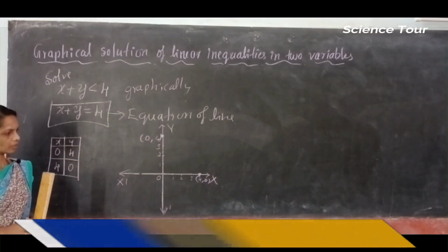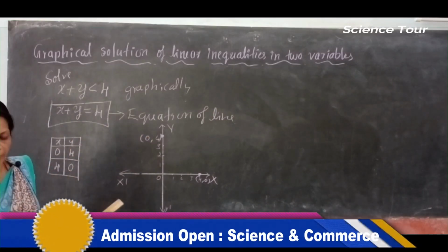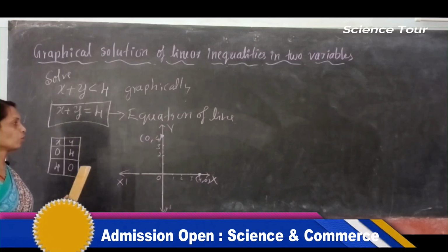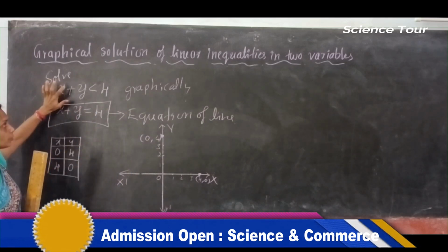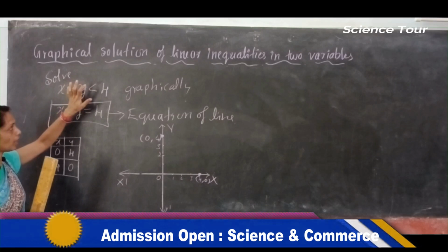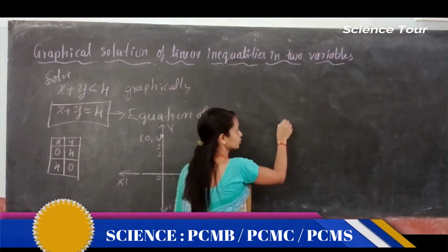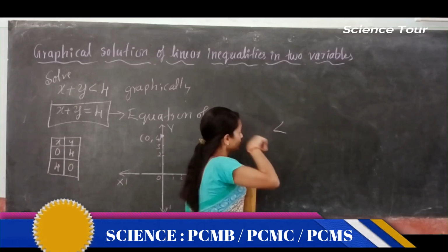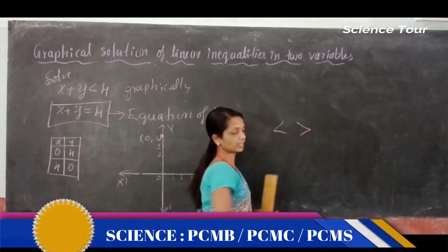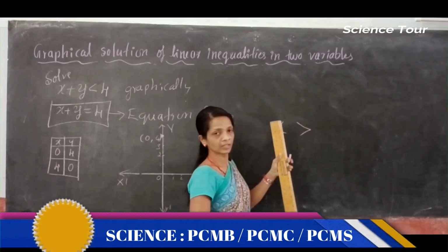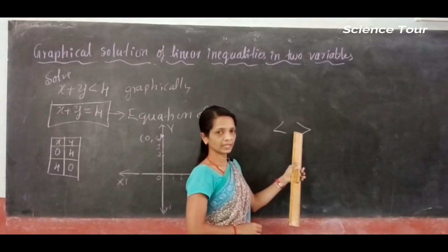But before joining those 2 points, you have to observe the inequality symbol. This is very important, keep this in mind. Suppose you have strict inequality symbols, strictly less than or strictly greater than.